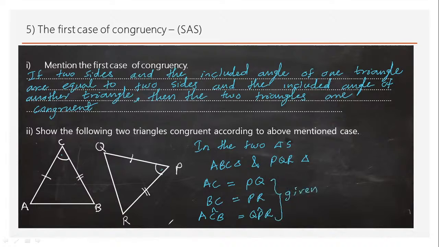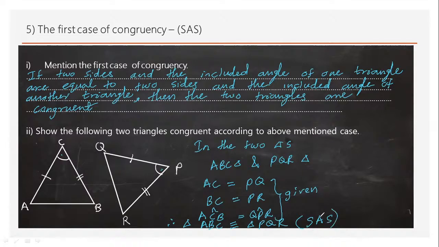So we can say triangle ABC is congruent to triangle PQR. Right? Congruency we can represent like this. What is the situation? You can mention side, angle, side case.